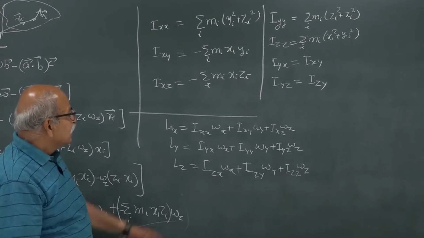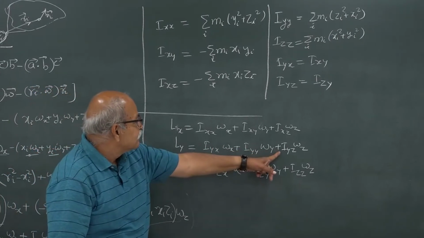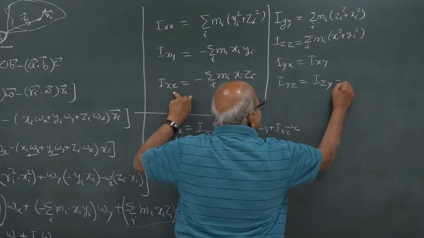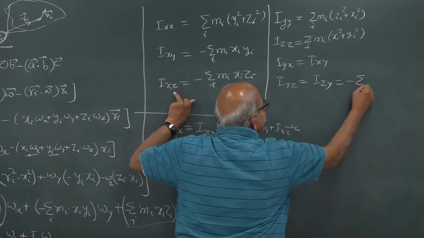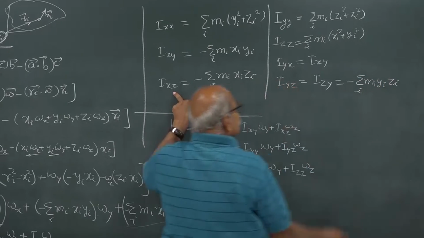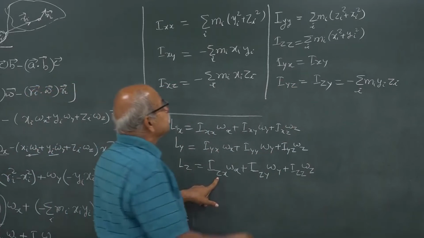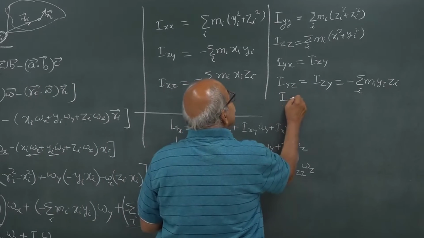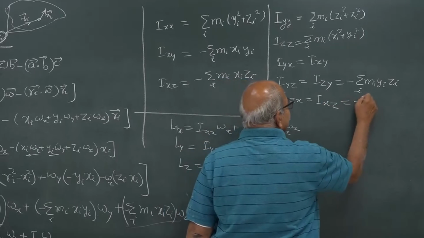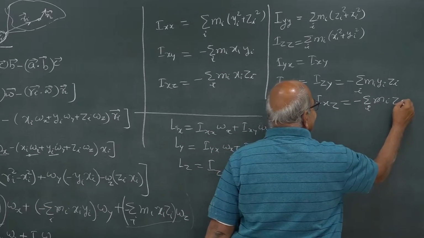So, everything goes over, 4 new symbols: Iyx I have written, Iyy I have written, Iyz I have written, and then, okay, that was not written here, okay fine. So, this is equal to minus summation over i of mi yi zi. So, Izx is equal to Ixz, and that will be minus summation over i of mi zi xi.